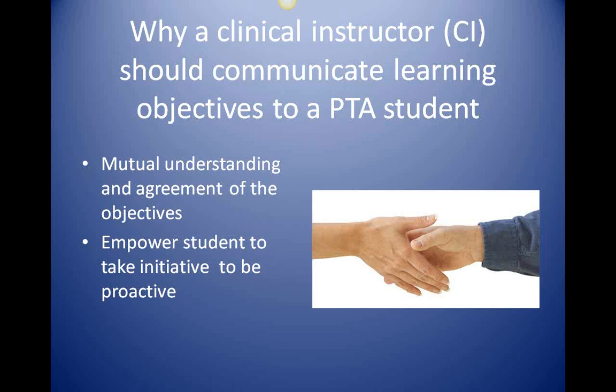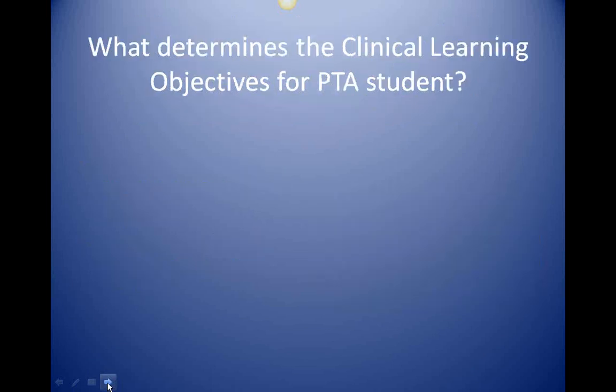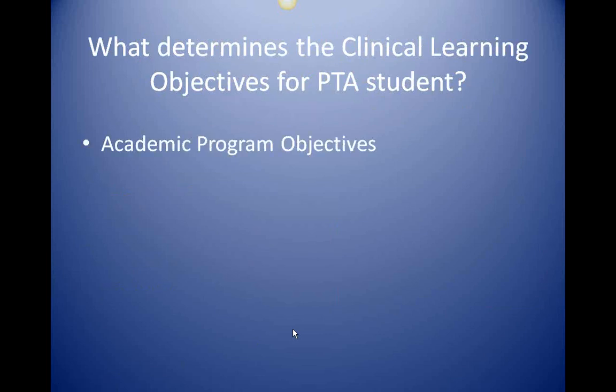Okay. Now, I know that we've got a few documents that we're going to share with the clinical instructors that are watching this webinar. We're going to get to those in just a minute. So what determines the clinical learning objectives for a student? The academic institution will actually determine the objectives for the clinical for the student.